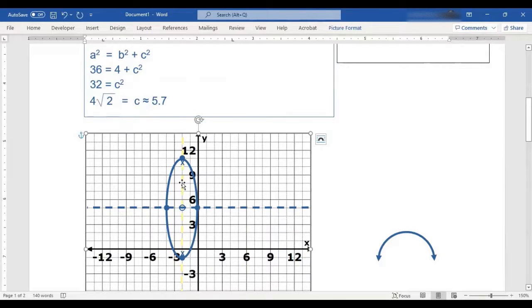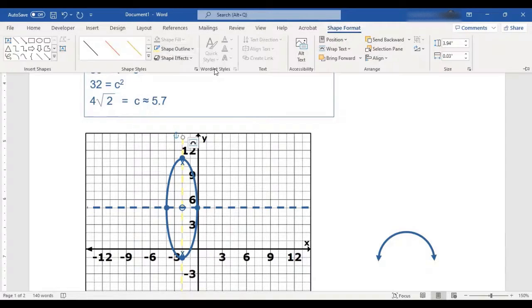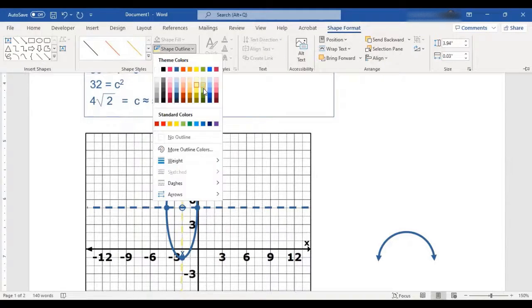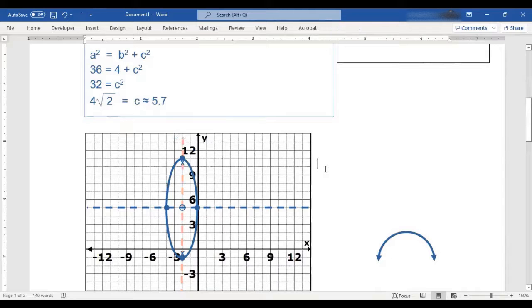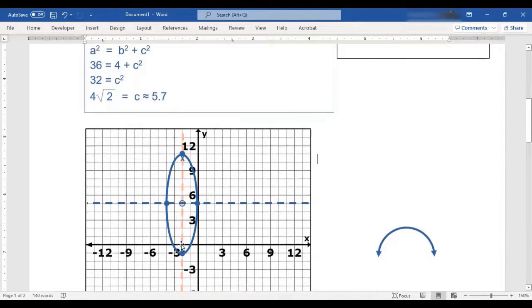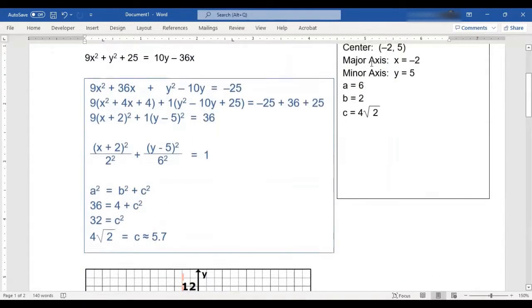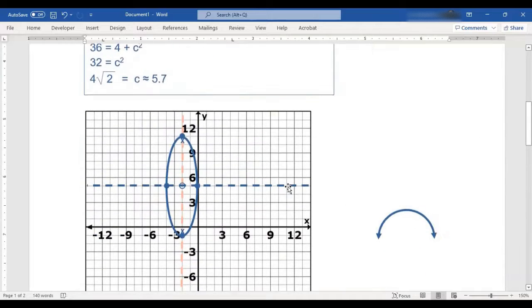That's really light, I can't see that at all. Yeah, that's a little bit better. There we go. I've just changed the color of the major axis so we can see those foci. They're pretty close, since 5.7 is really close to a, which was 6. But there we go. That's our beautiful ellipse.